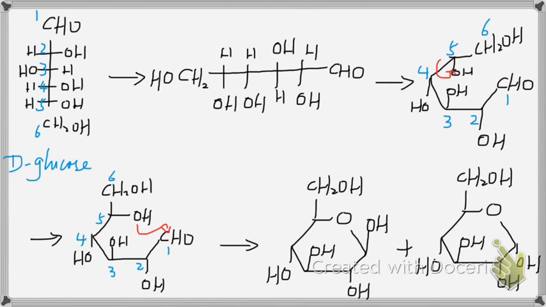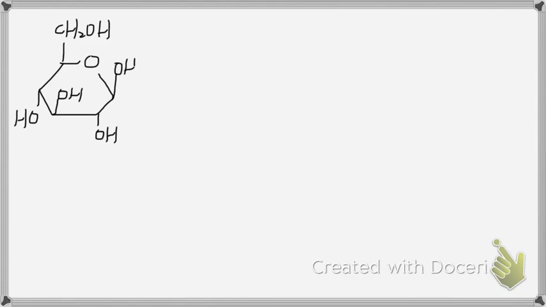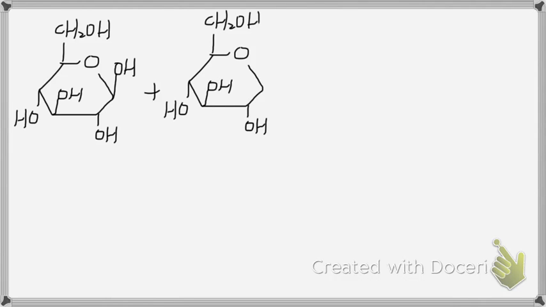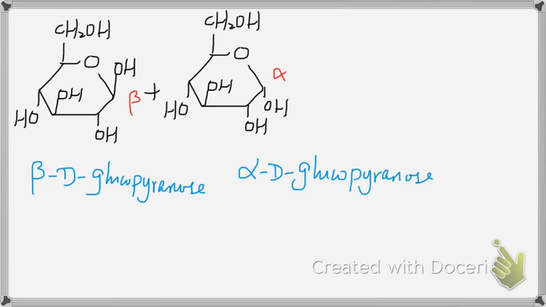And here we have two forms, or two products, depending on the stereochemistry on carbon 1, right? We have the alpha and the beta form. So these are the two cyclic hemiacetals for D-glucose. And how do we name them?